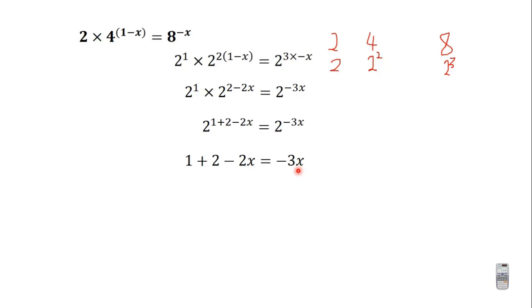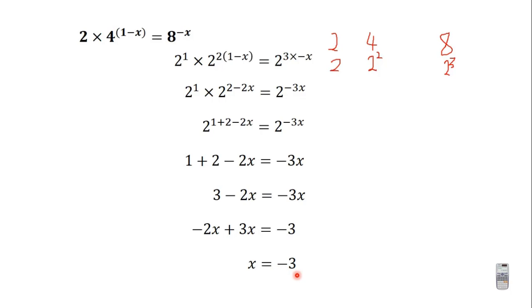This becomes a simple linear equation for us to simplify. So we have 3 minus 2x is equal to minus 3x. We group like terms, you will have minus 2x plus 3x is equal to minus 3, and x will give us minus 3.